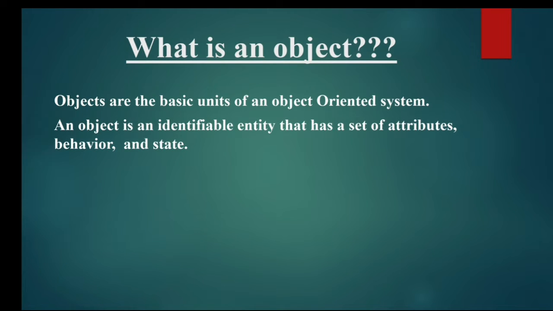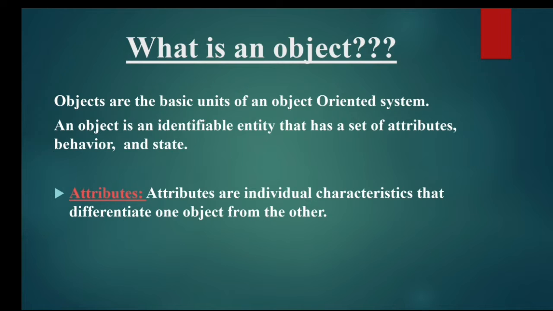An object is an identifiable entity that has a set of attributes, behavior, and state. We can identify some objects we can touch and feel also. Those objects have some attributes, behavior, and a state.